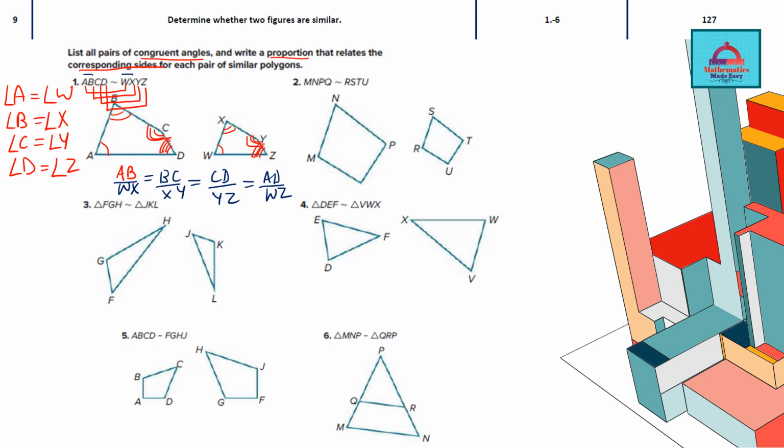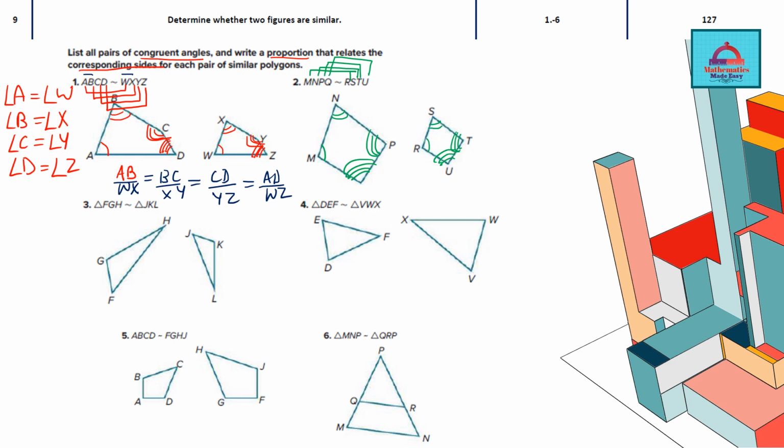Now in a similar way, we can do it for the remaining questions. Similarity is already given. So M is equal to R, N is equal to S, P is equal to T, Q is equal to U. So I will mark now. So these are the pairs of congruent angles. Similarly, you can write the proportionality of the sides.